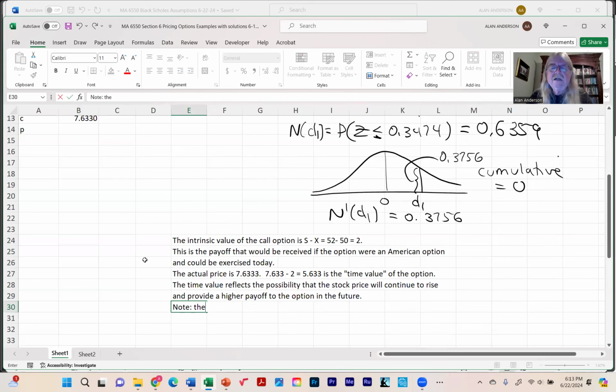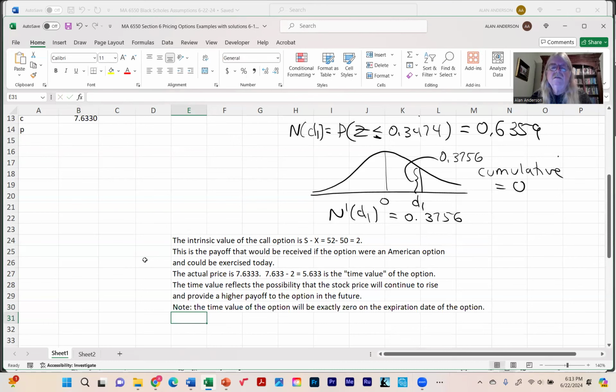Note, the time value of the option will be exactly 0 on the expiration date of the option. At any time prior to that, the time value will be positive.